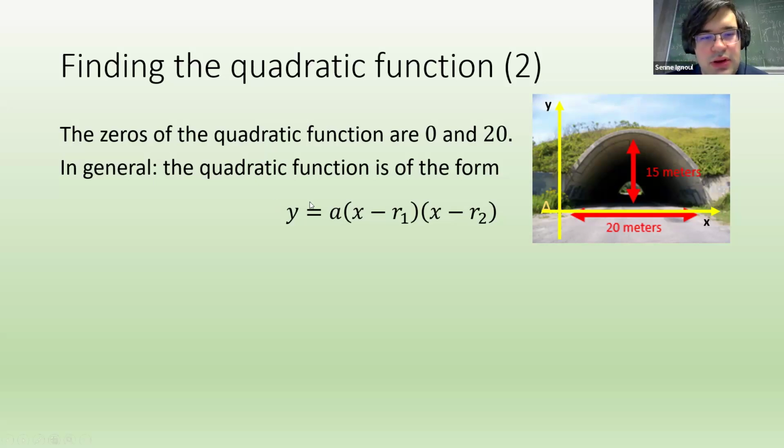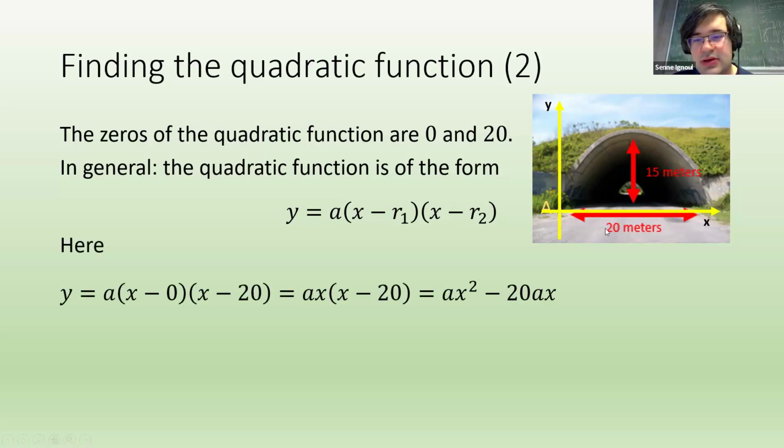Okay, so R1 is 0. Yes, that's very good. R1 is 0. That's something we know. Do we also know what R2 is? Yes, R2 is 20. So one of the R's is 0 and the other R is 20.